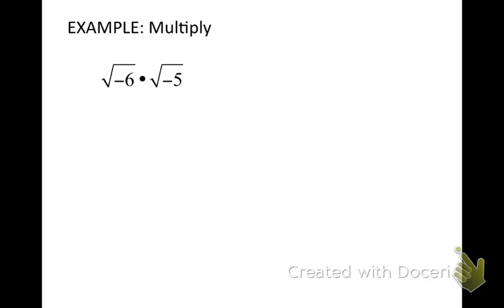We've got the square root of -6 times the square root of -5. What is your first gut instinct to want to do to that problem? Multiply everything together and make it just a positive 30, right?